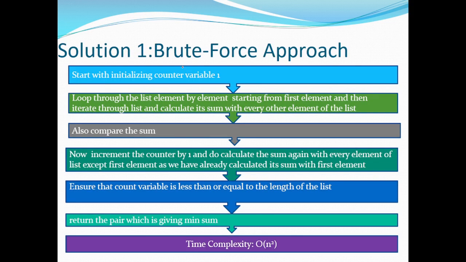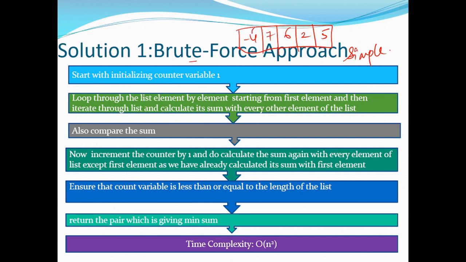The first one is a very basic, simple approach. We will do it by iterating through the list twice. We will start from the very beginning and calculate the sum of every element with each other.